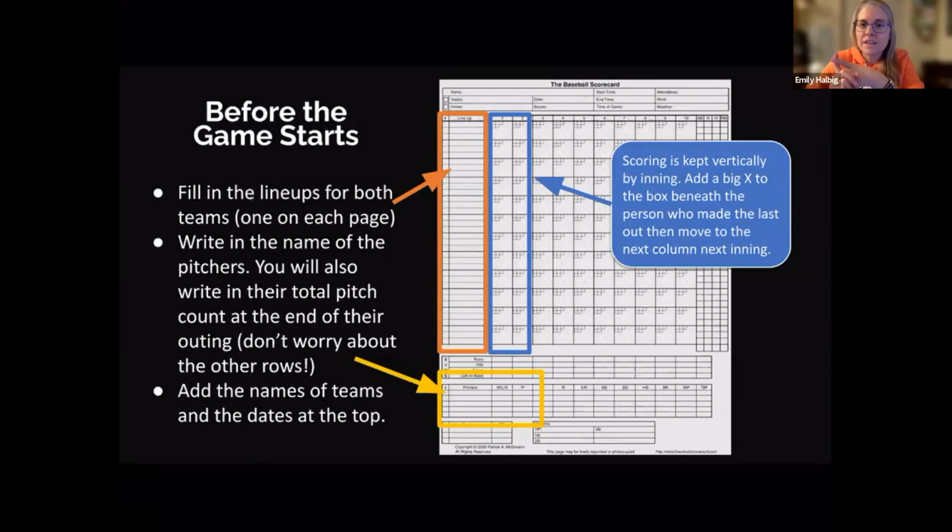You don't need to keep track of their runs, their earned runs, their walks. If you want to do that data, you're welcome to, but really what we need to make sure you have is the pitch count for each pitcher that comes into the game. The visiting team is going to be using the traditional paper scorebook during the games, at least for now, until Game Changer really gets rolling and everybody's doing it.